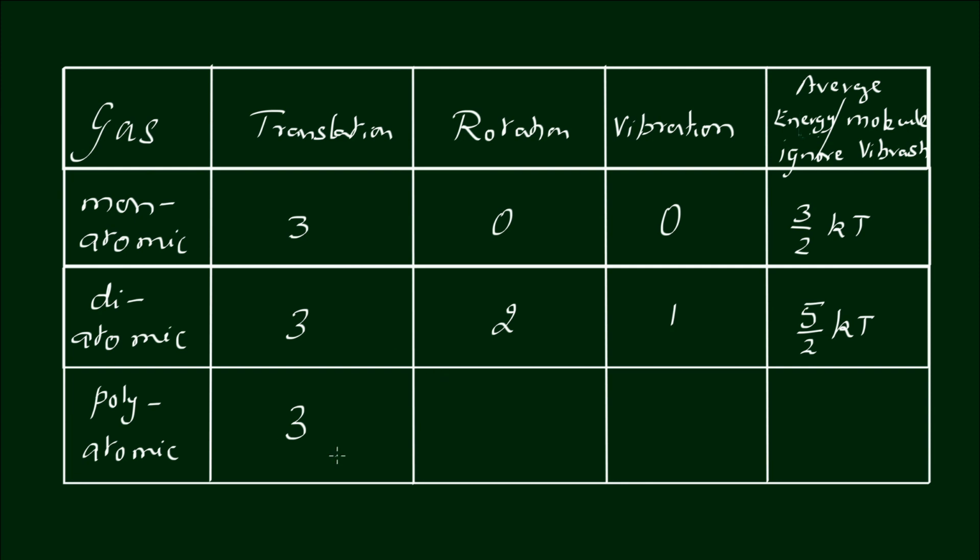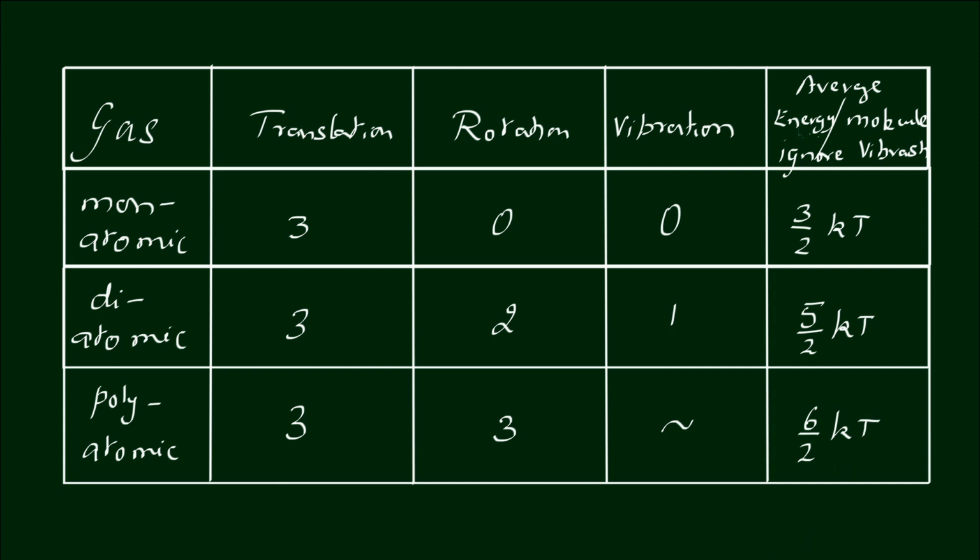For polyatomic gases, like ammonia or methane or even steam, water gas, we have 3 translation degrees of freedom and 3 rotational degrees of freedom and several vibrational degrees of freedom, which we are going to ignore. If I ignore vibration, we have 3 plus 3, 6. 6 by 2 kT is the average energy.